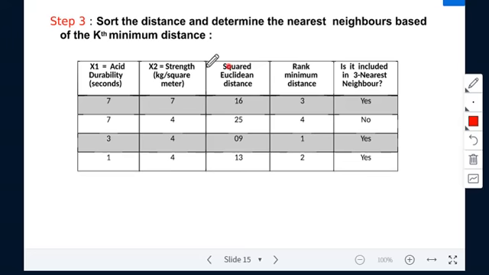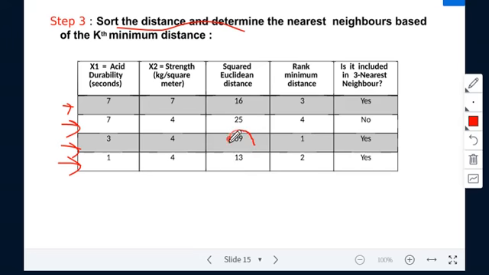Next, what we have to do, we have to sort the distance in ascending order. So here we have the first training data, second training data, third training data, and the fourth training data. If you see, which training data is having the least distance, or is very close to the test data?